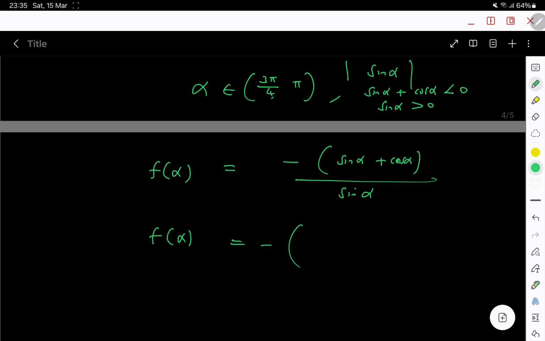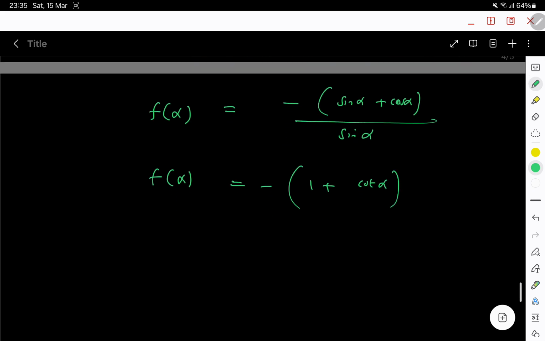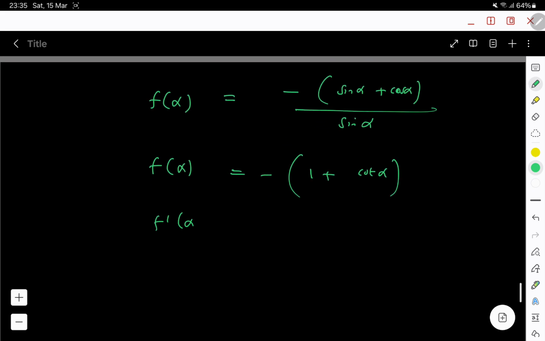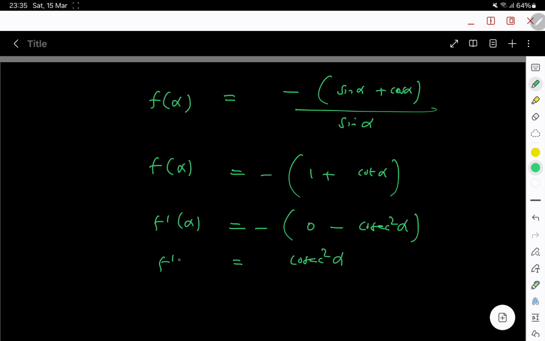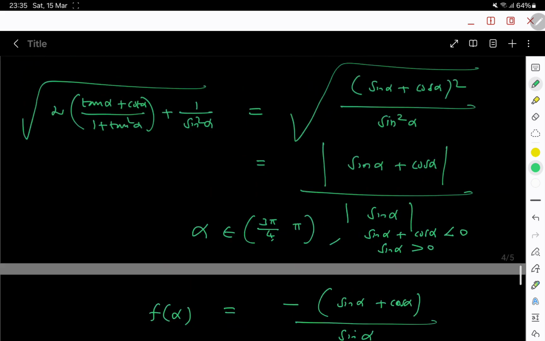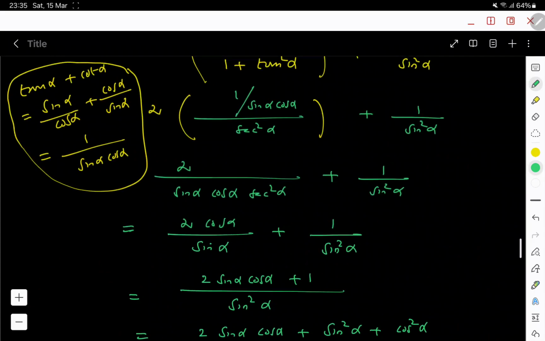So decompose: sin alpha by sin alpha is 1, cos by sin alpha is cot alpha. Now differentiate. So f dash of alpha is the differentiation of 1, which is 0, and differentiating cot alpha gives minus cosecant square alpha, minus minus plus, cosecant square alpha.